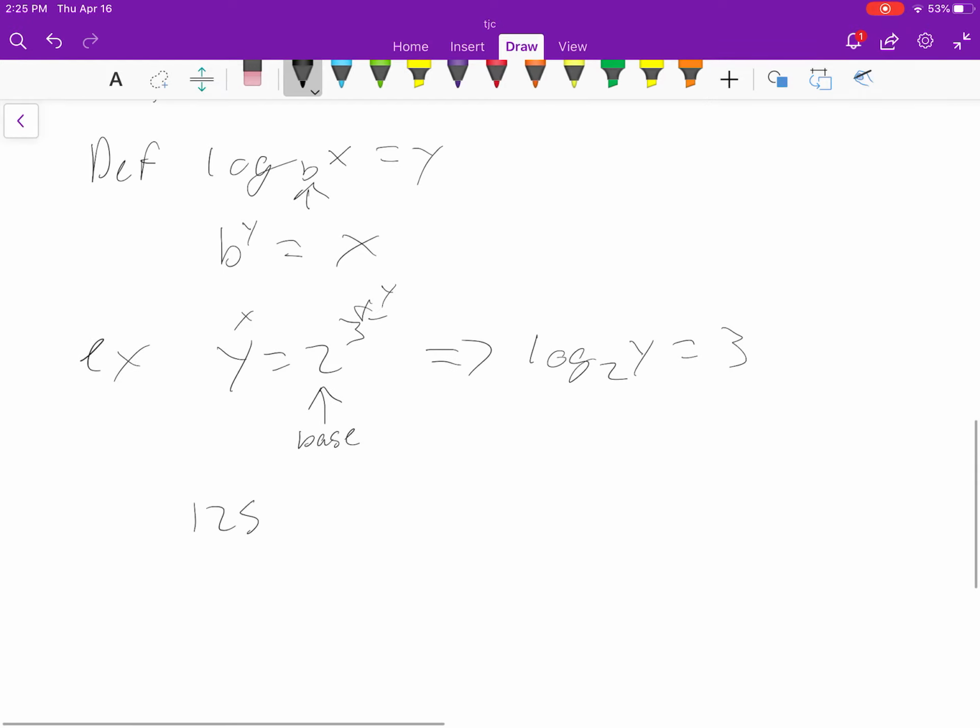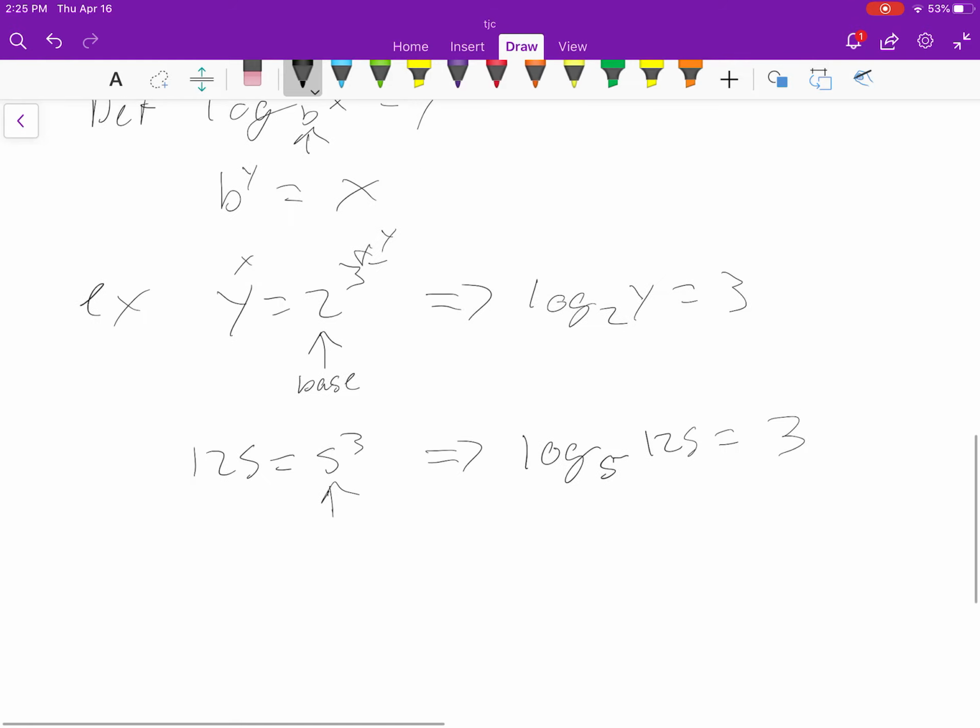What about this next example? 125 equals 5 to the third. How do we rewrite this? It's in exponential form. What about logarithmic form? Well, in logarithmic form, it's going to be log base 5, because here's the base, of 125 equals 3. So it's saying log base 5 of 125 equals 3, which means that 5 to the third equals 125.